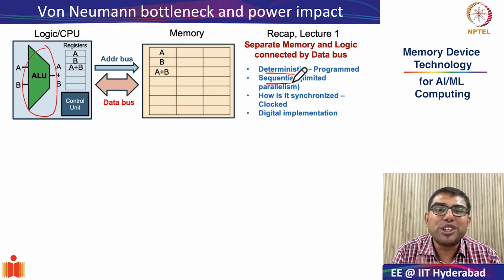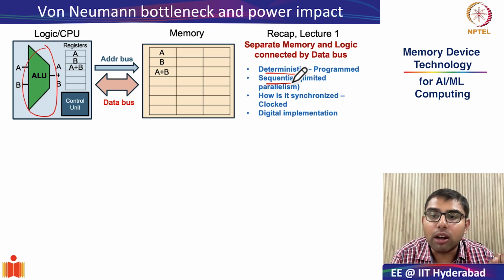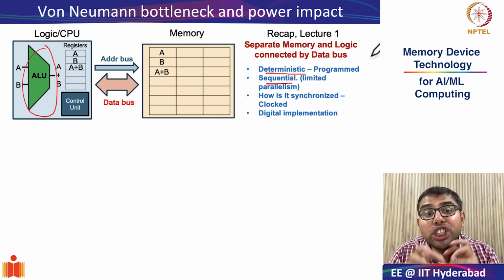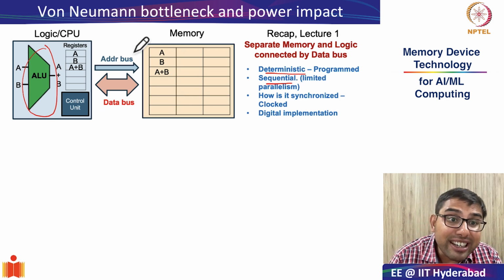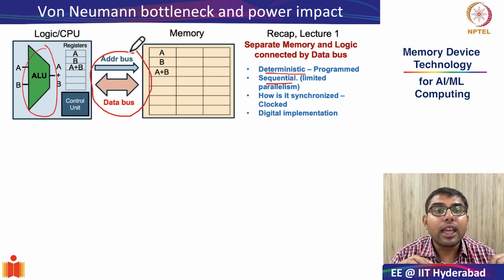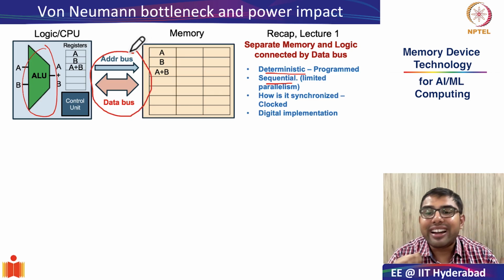And that is why for GPUs, you had to have many such logic units running in parallel. Nonetheless, these parallel units in the GPUs were also ultimately communicating with this memory block through this data bus.